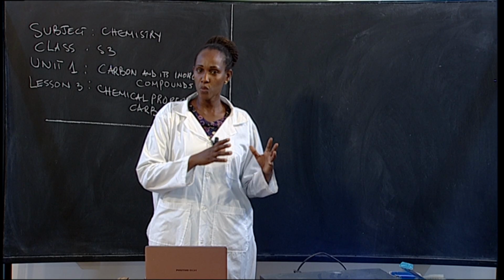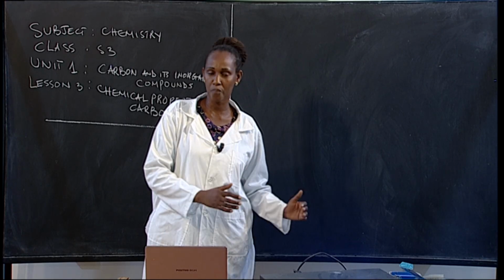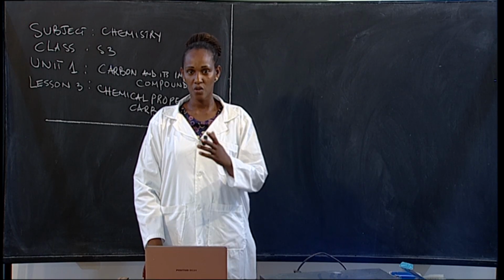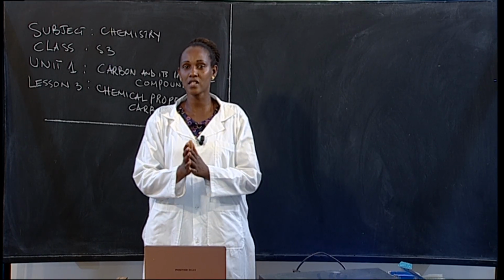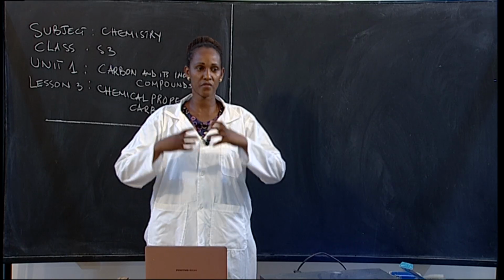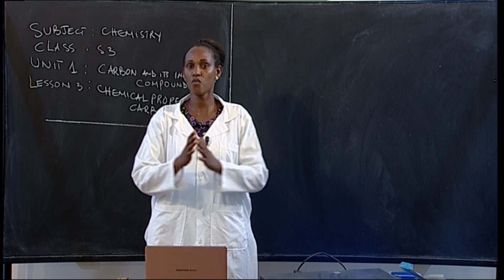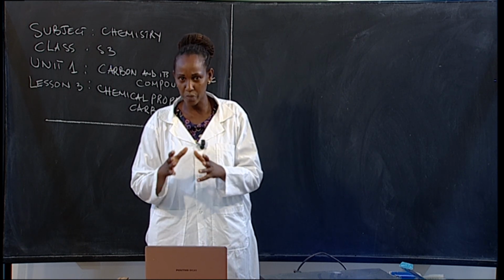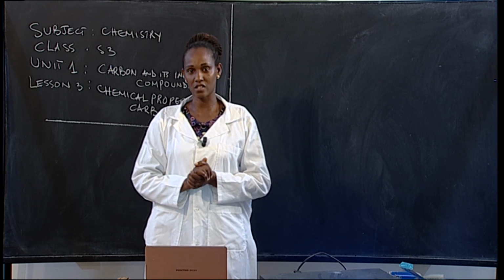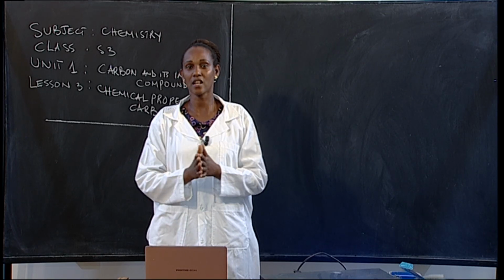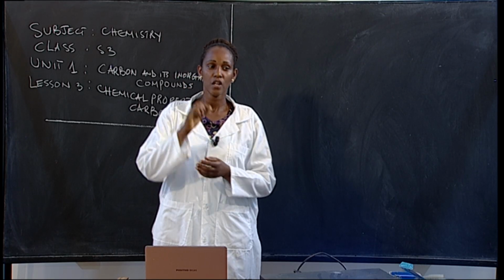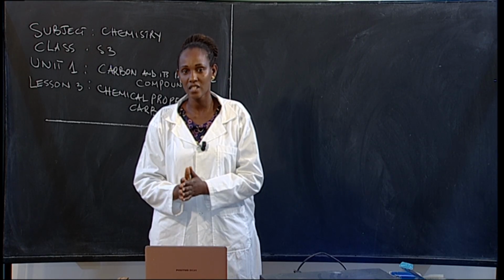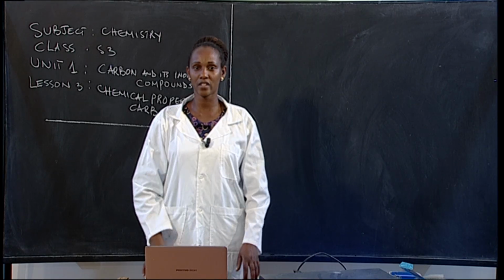When we talk of chemical properties, those are reactions, different from physical properties. Physical properties make up the physical appearance of an element or of a compound or anything. But when we go to chemical properties, we expect to find some reactions, all right? Good. Hope you are very ready for that.